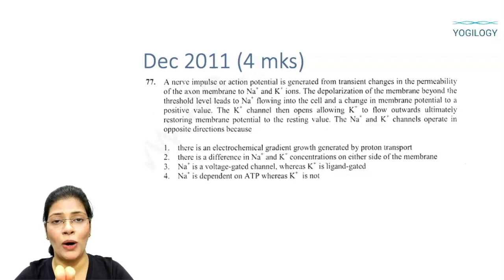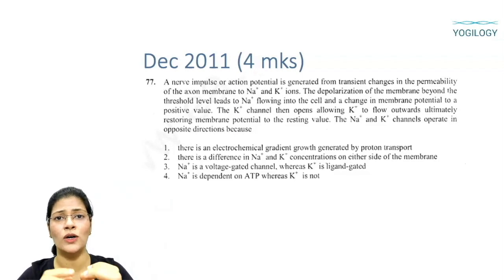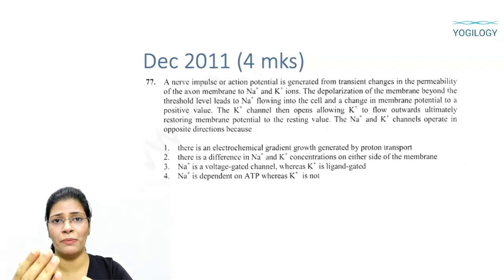When we talk about any ion channels, whether it is the leakage gated ion channels or the voltage gated ion channels, the movement of ions will always depend on the concentration of the ions on either side of the plasma membrane. If the concentration is high on the outer side of the membrane compared to the inner side, the movement is always going to go from higher to lower, and that is the law of diffusion also.